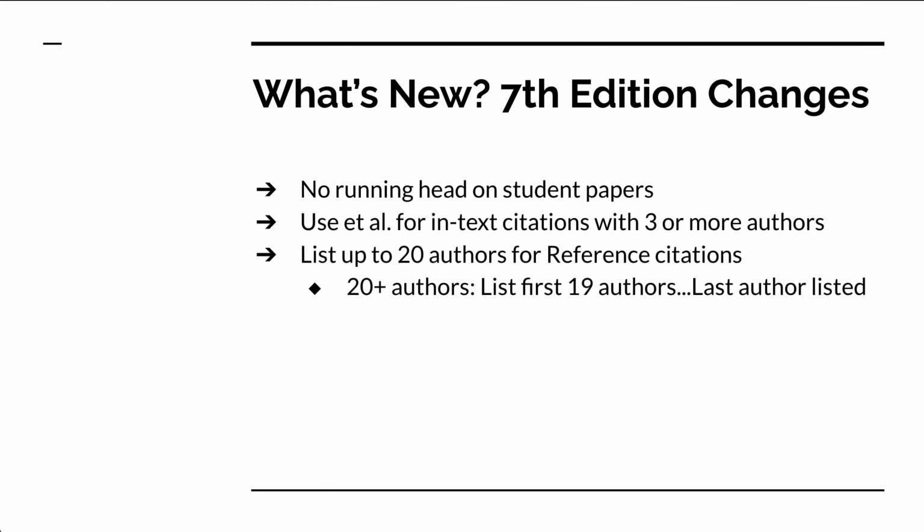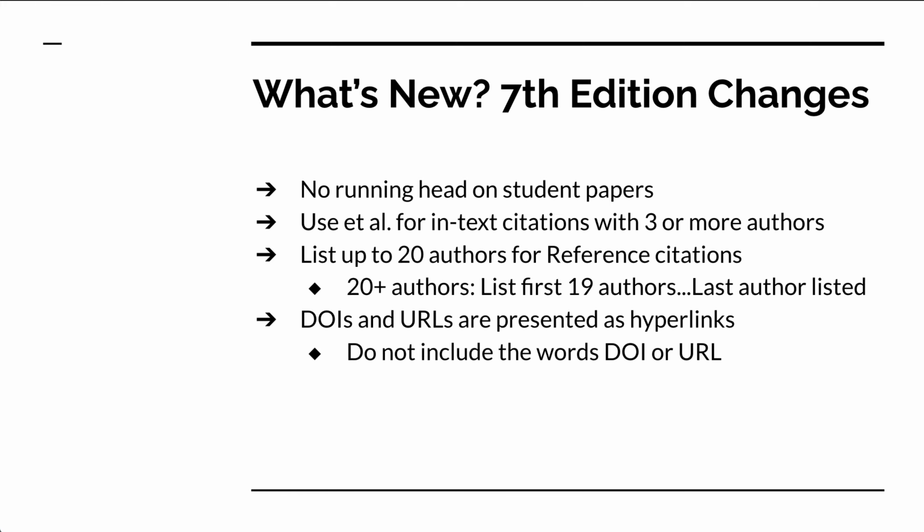So if you have 20 or more authors, what you'll do is list the first 19 authors, you'll use the ellipses, the ... and then list the last author listed on the source. Now, DOIs and URLs are presented as hyperlinks, and you won't need to include the words DOI or URL.